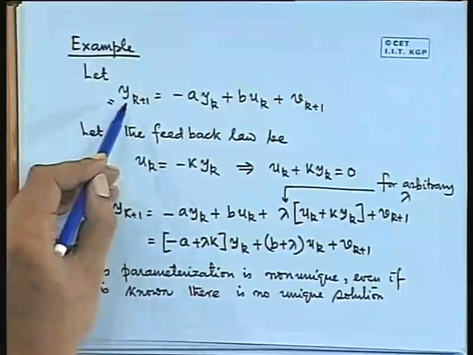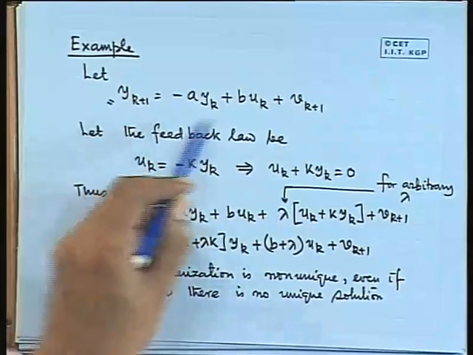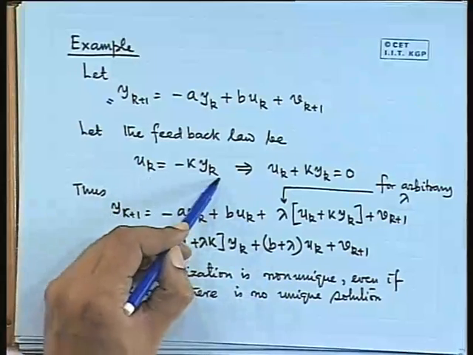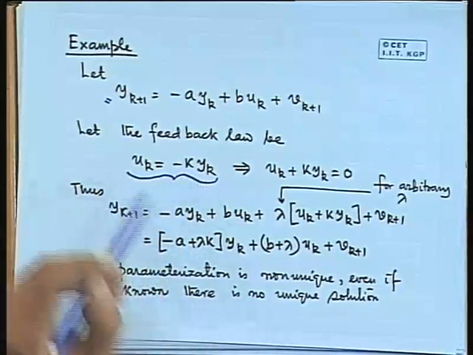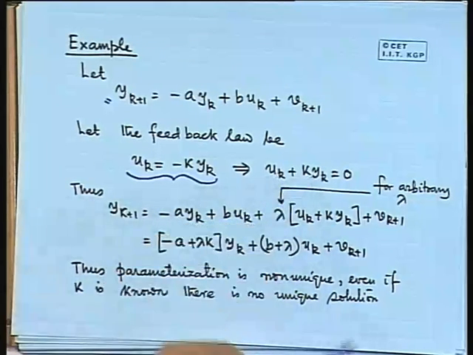Why? For example, if you take this system, a simple first order system, this is U, this is my G. So a simple first order plant G, and assume that you have taken a simple proportional feedback, UK equal to minus KYK. Then obviously UK plus KYK equal to 0.